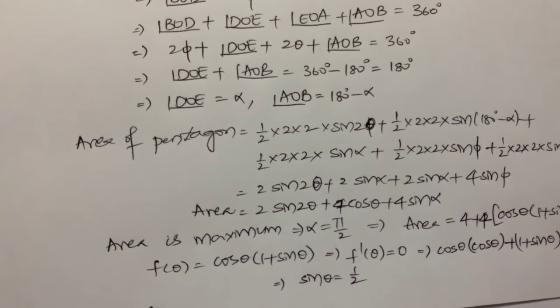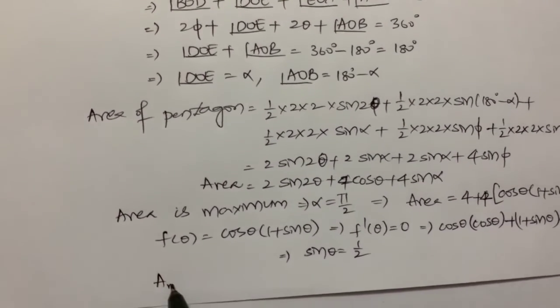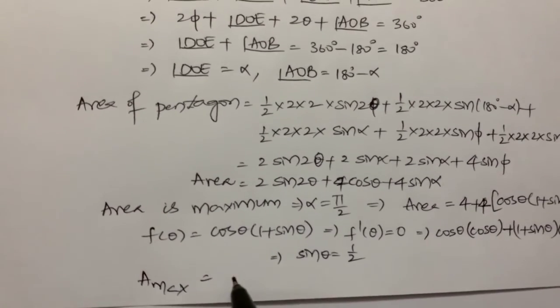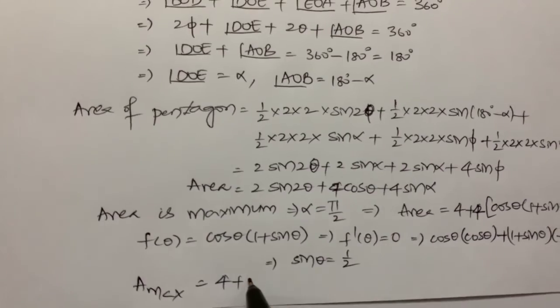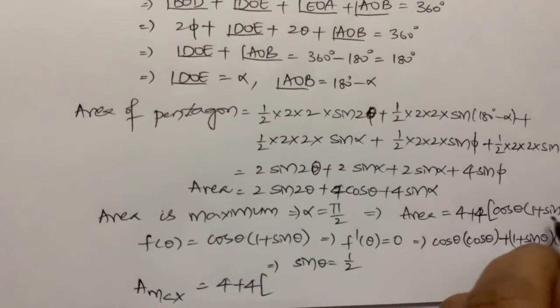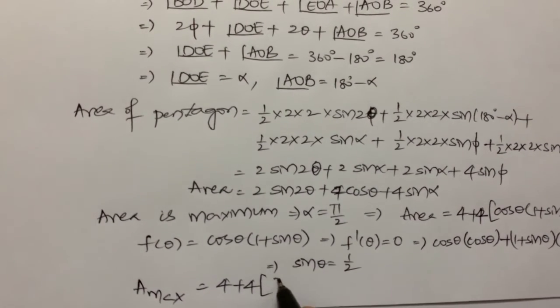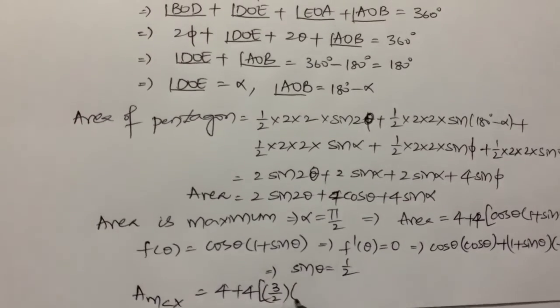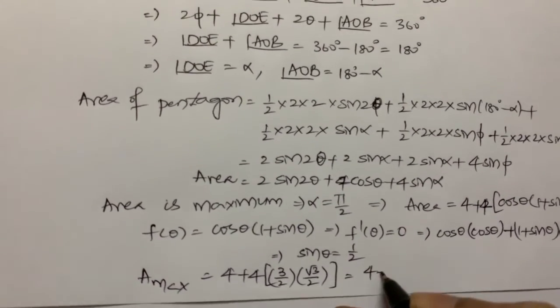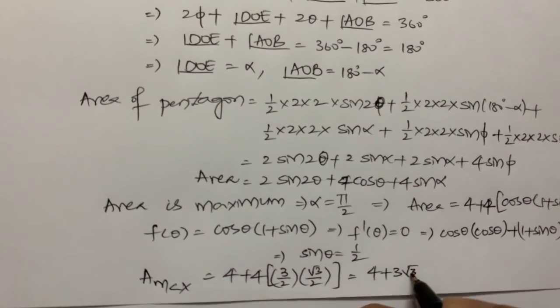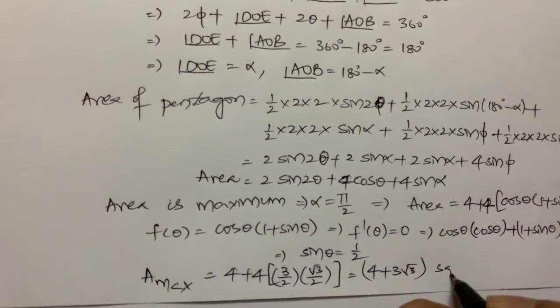So the maximum area is equal to 4 plus 4 into 1 plus sin theta, which is 1 plus 1 by 2, 3 by 2, into cos theta, root 3 by 2. So which is 4 plus 3 root 3 square units.